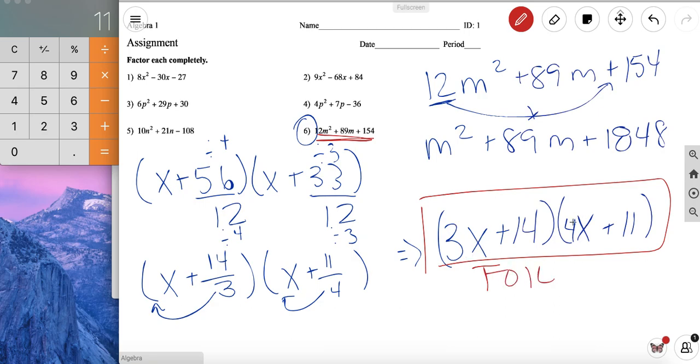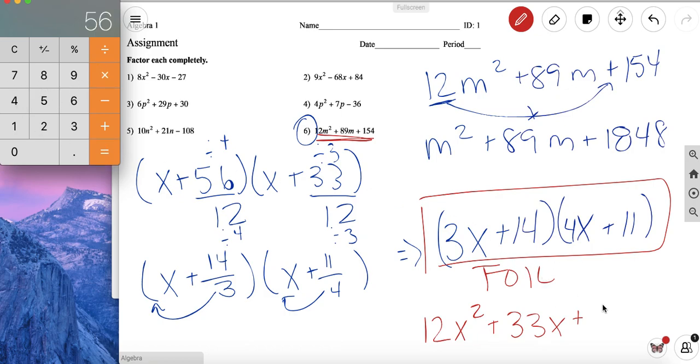So we get 3x times 4x, which gets me 12x squared. 3x times 11, which gets me 33x. 14 times 4, which gets me 56x. And 14 times 11 gets me 154.